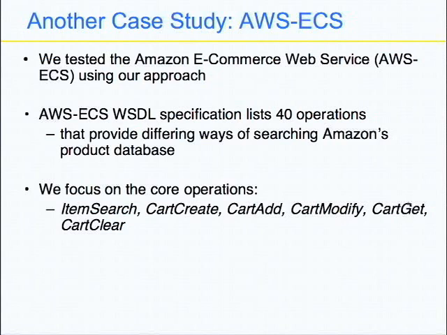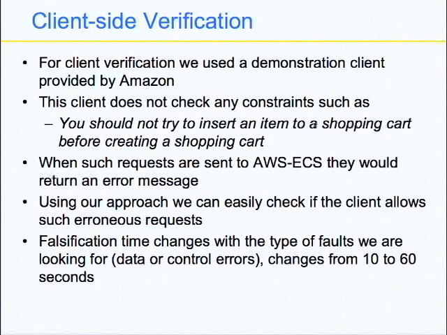We focused on several of those operations, like item search, cart create, cart add, cart modify, cart get, and cart clear. There are constraints on how you can call these operations, and those constraints form the interface. For example, you should not try to insert an item into a shopping cart before creating a shopping cart.